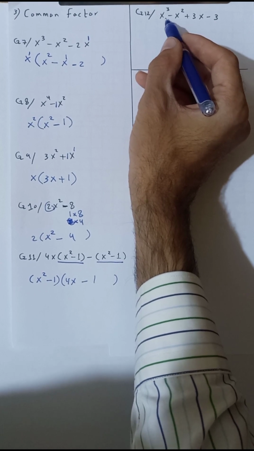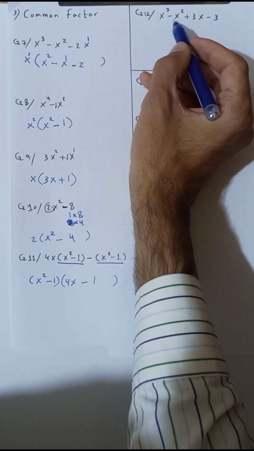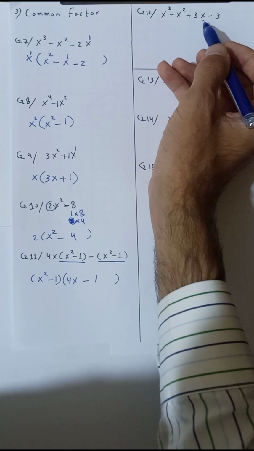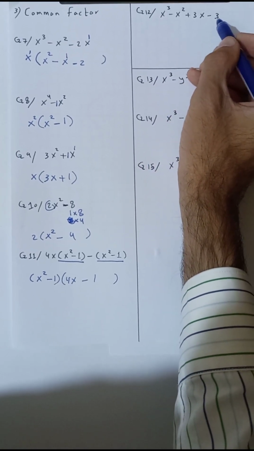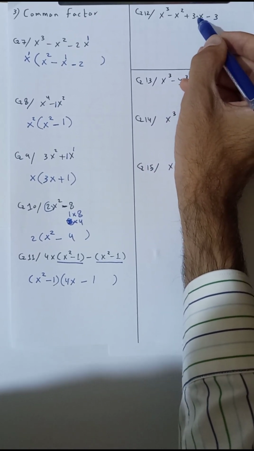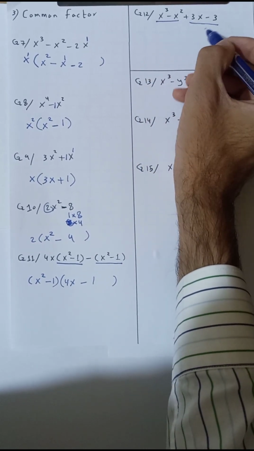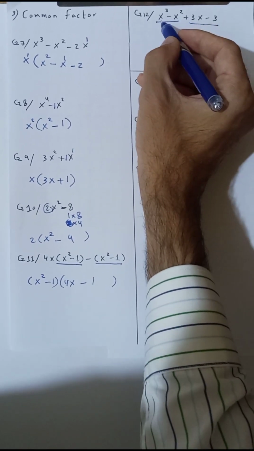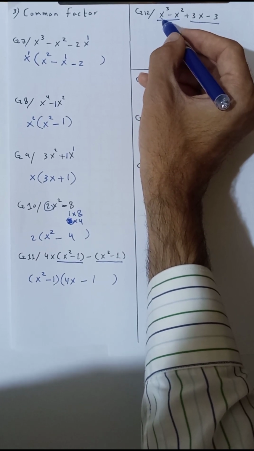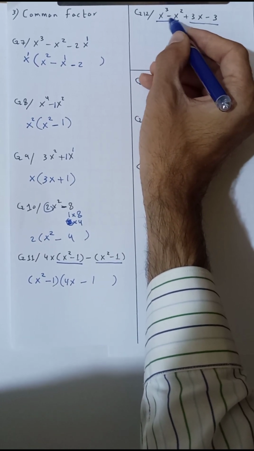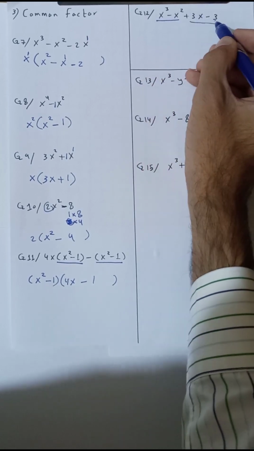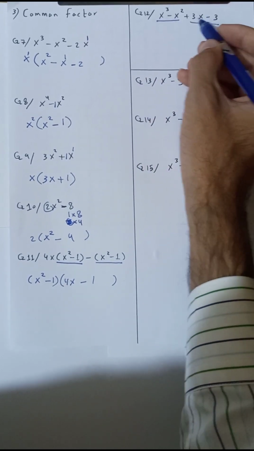In the question 12, we don't have x in each term. We have 4 terms. The last one is without x. So we're gonna use this technique. We're gonna look for the common between the first 2 terms and the common for the second 2 terms.